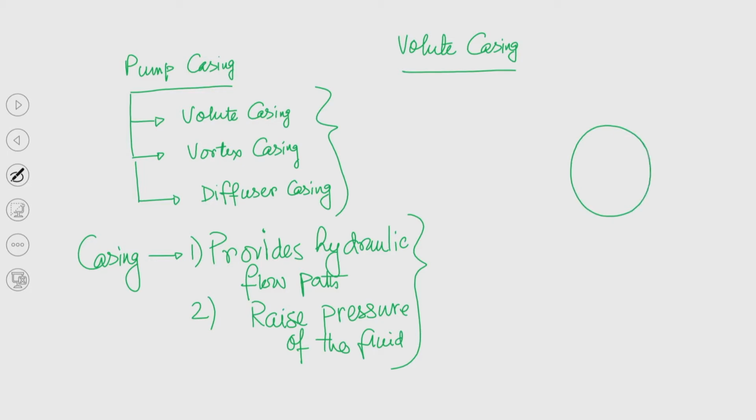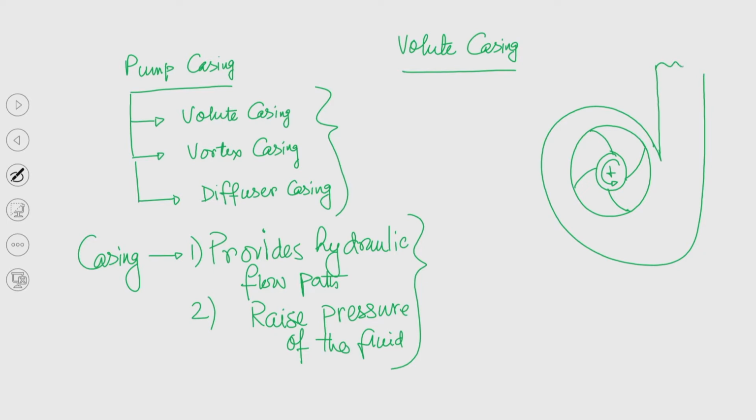Now, if we talk about volute casing, just if we try to draw the impeller of a radial flow pump. So, this pump is rotating in this direction, and like this.